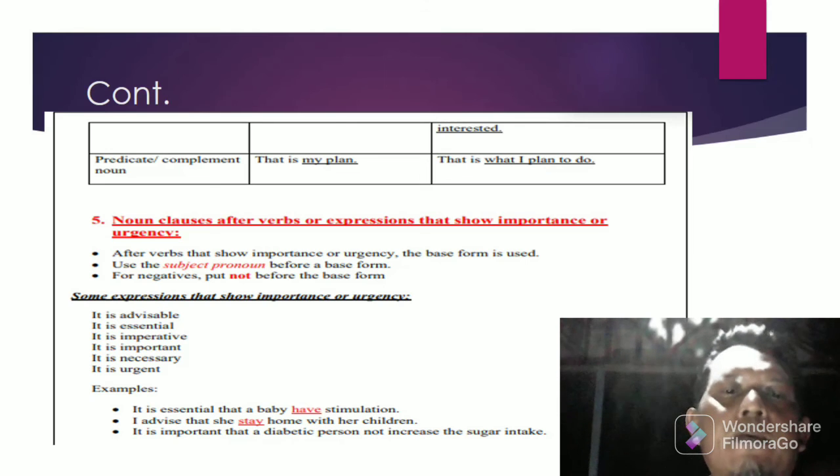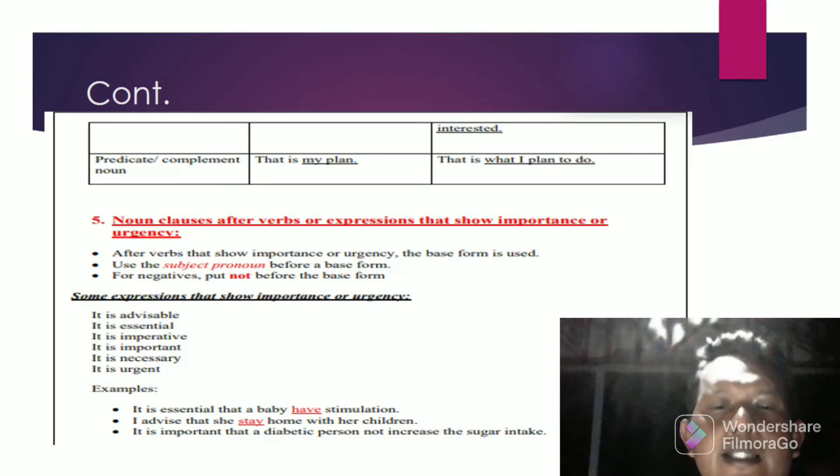It is important that a diabetic person not increase the sugar intake. Students, here are the uses of noun clauses after verbs or expressions that show importance or urgency.